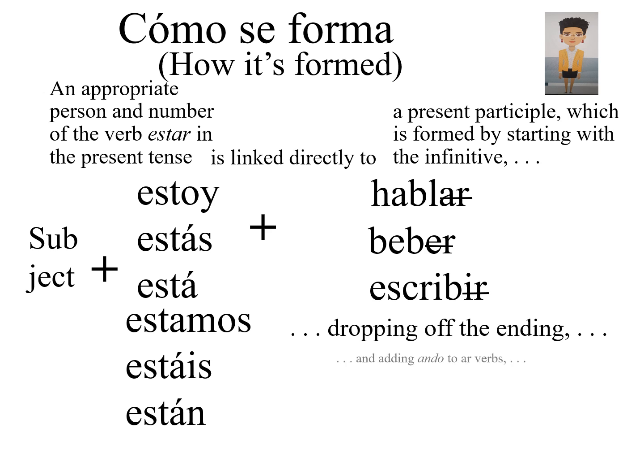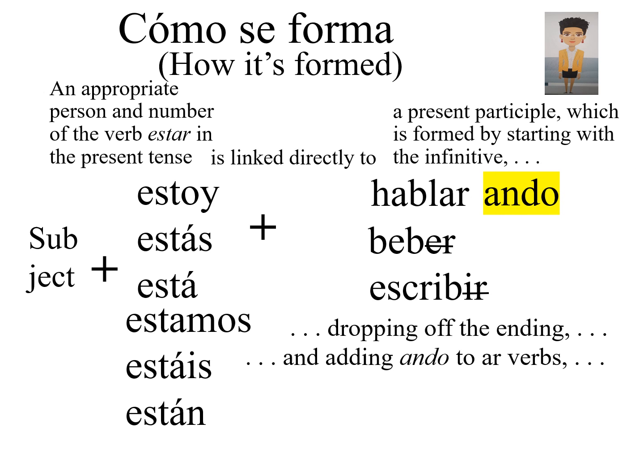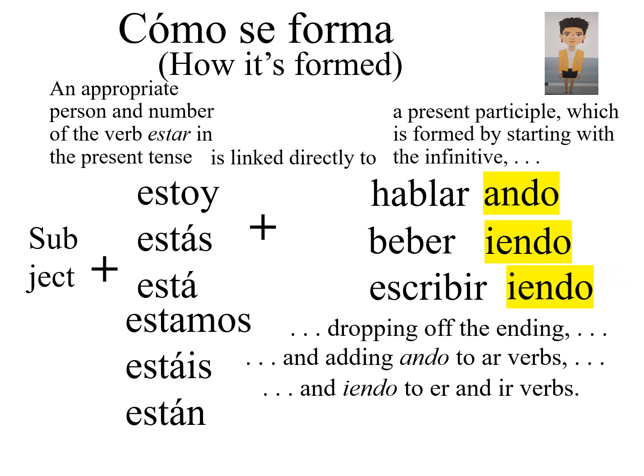When you have a verb that is AR, like hablar, you drop the AR and you attach ando. With beber, for example, ER verbs, you drop the ER and you include yendo. En escribir, to write, you drop the IR and you include iendo. That is the way that we make ing verbs.